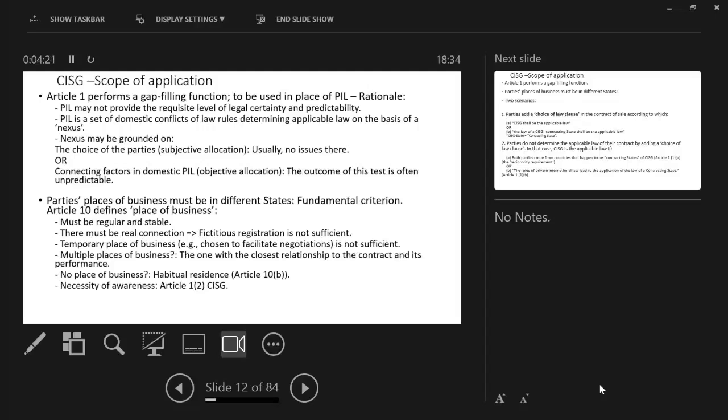In other words, there's a framework that you don't have to spend a lot of time on trying to figure out what the core terms of a contract are.